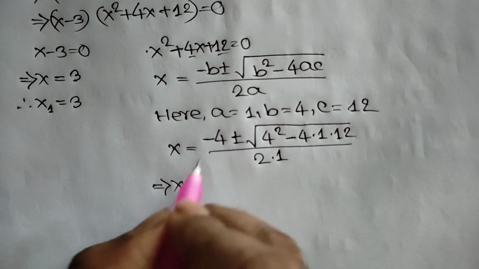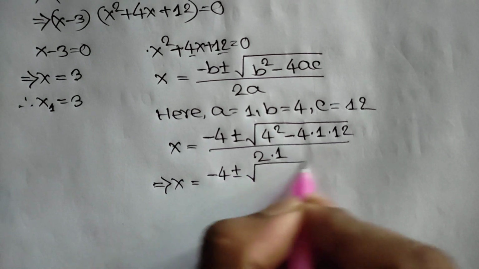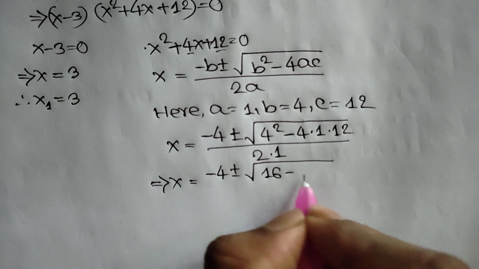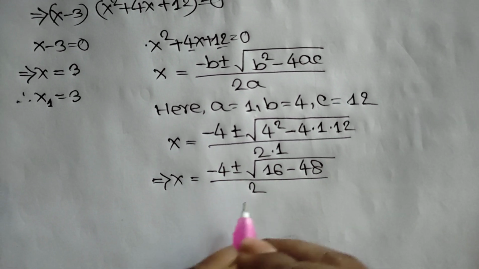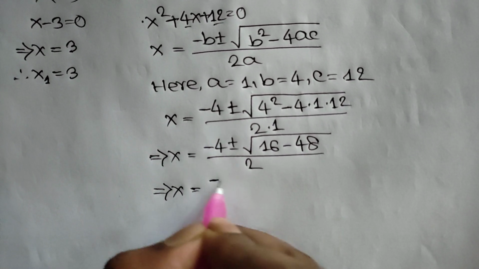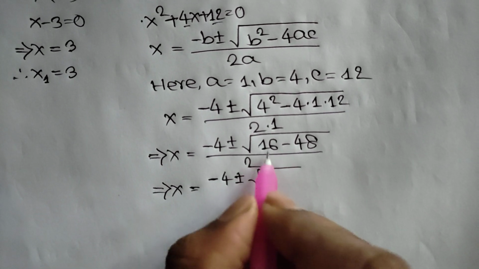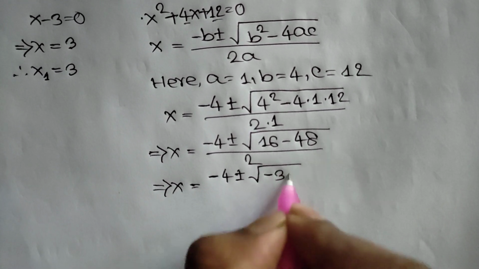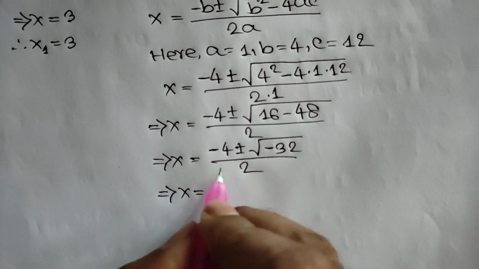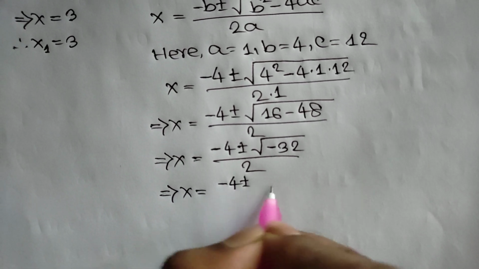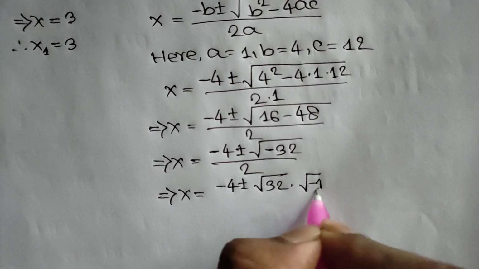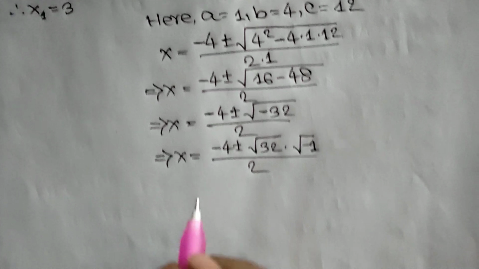Or x is equal to negative 4 plus or minus square root of 4 square, that means 16, minus 4 times 1 times 12, that is 48, over 2, or x is equal to minus 4 plus or minus square root of 16 minus 48, that is negative 32, over 2, or x is equal to minus 4 plus or minus square root of 32 times square root of minus 1 over 2.